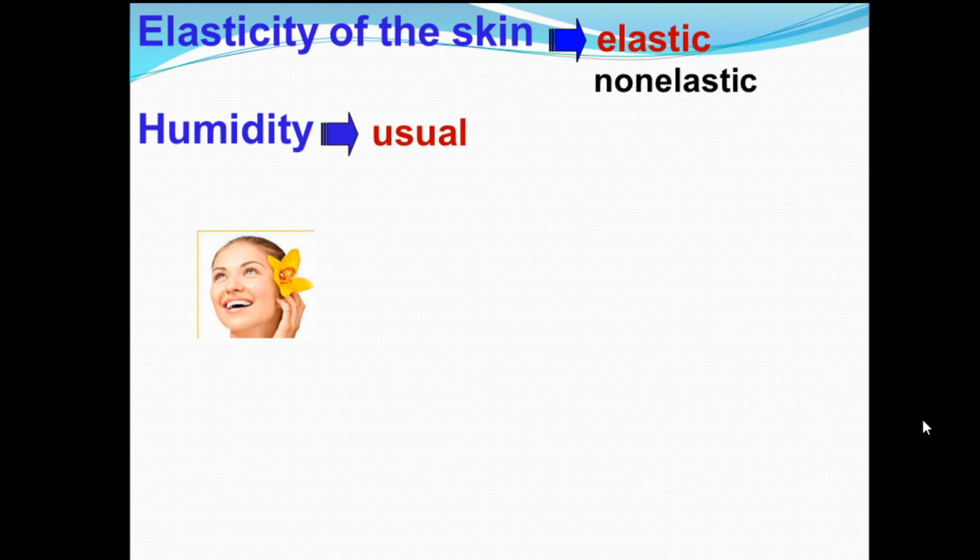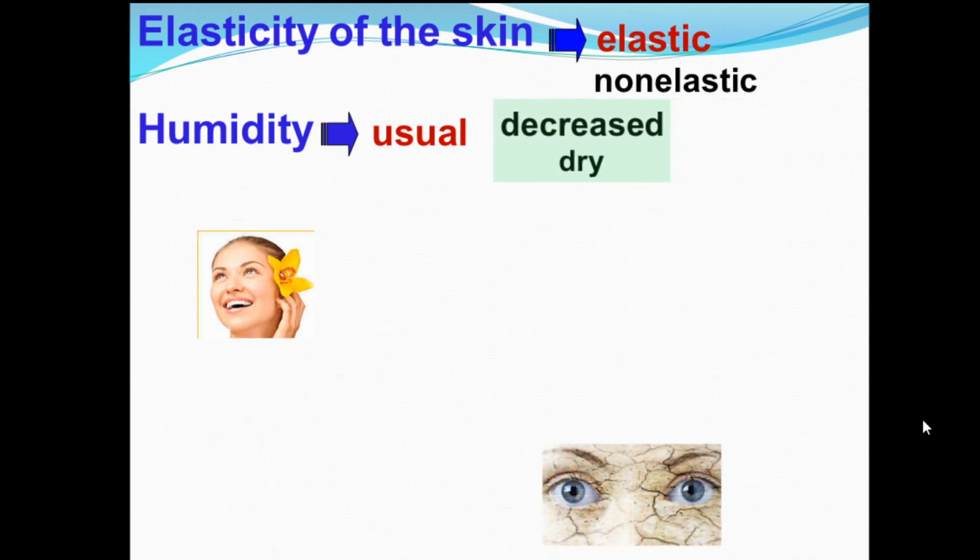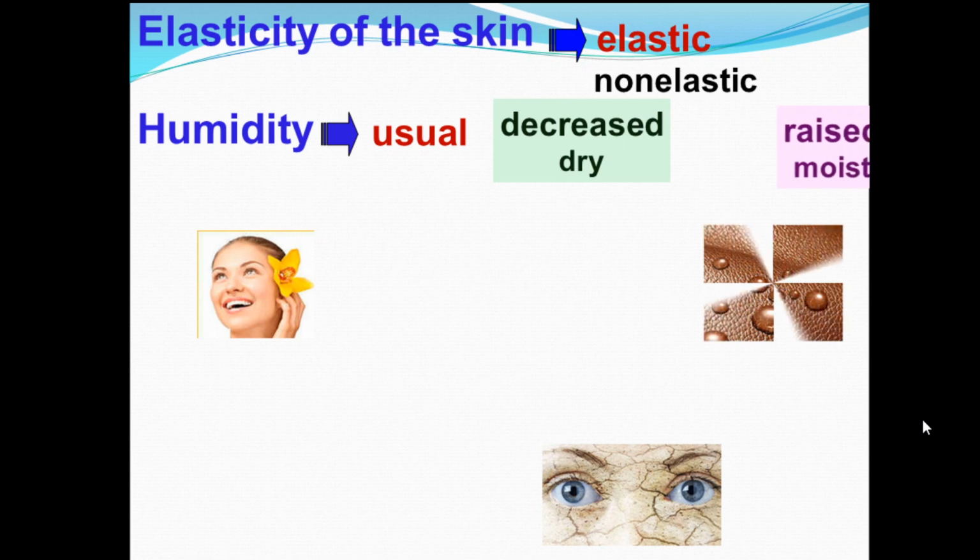Humidity also is tightly correlated with water balance, and normally we are talking about usual humidity, which is accompanied with elastic skin. In pathology, humidity may decrease, and we are talking about dry skin, or opposite rise, and we are talking about moist skin, with visible drops of water on the skin as if the patient immediately came out from the shower.